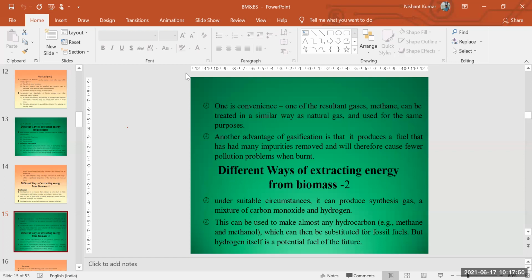In new technologies, you will be studying, in the last module, fuel cells. Fuel cells are totally dependent on hydrogen.